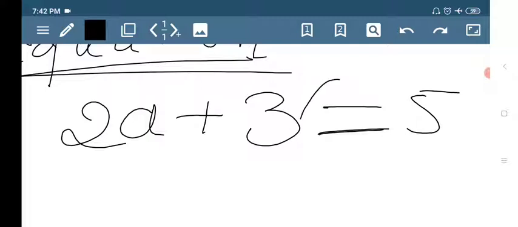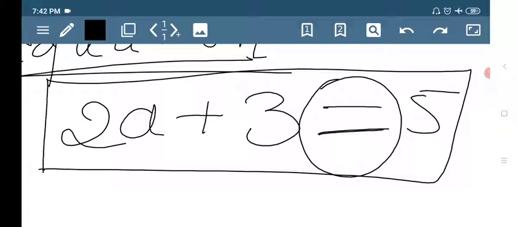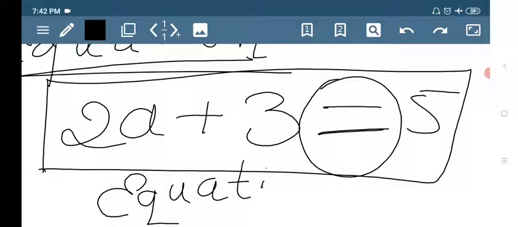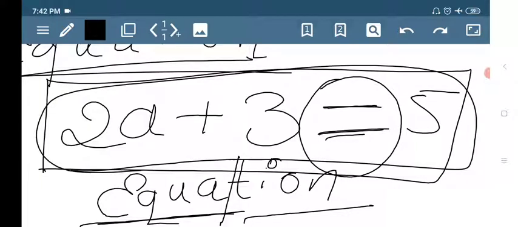So when the equals sign appears in an algebraic expression, we call that an equation. Look here, equa means equal. Equation, making equal to something, some value. Got it?